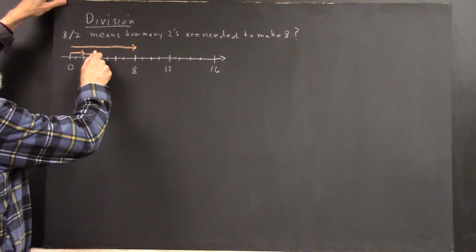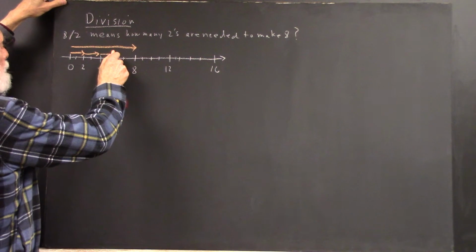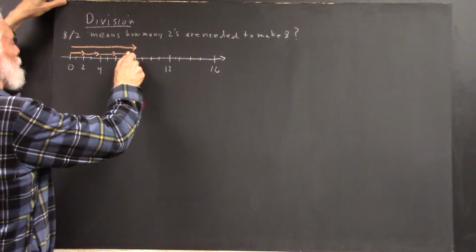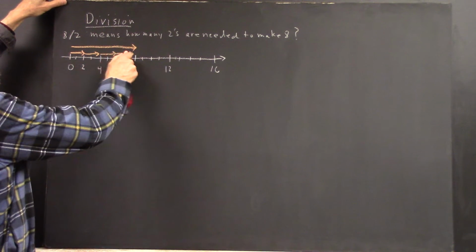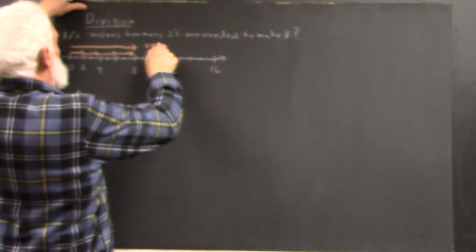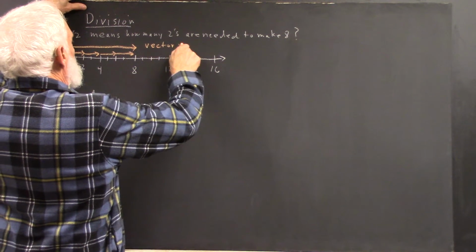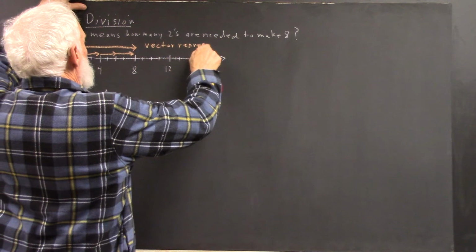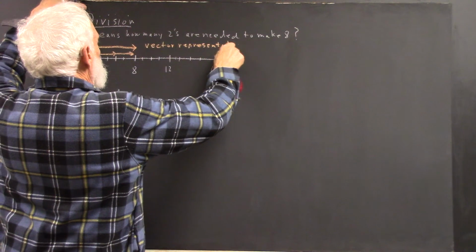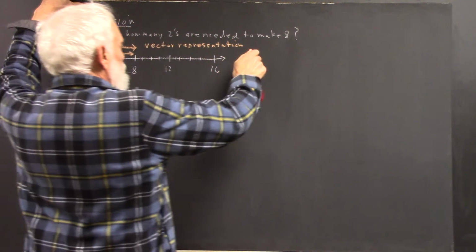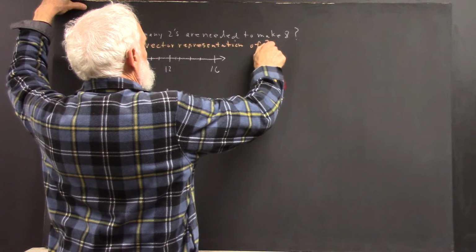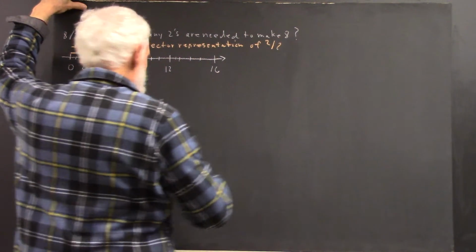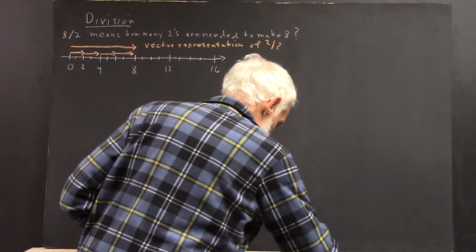We depict the 2, and then the 2, and another 2, and another 2, all these vectors having the same length, and we see that 4 of these make this. Okay, so that's a vector representation of 8 divided by 2.